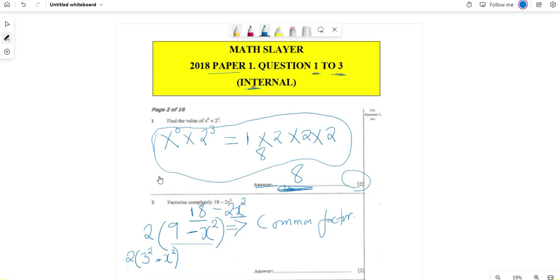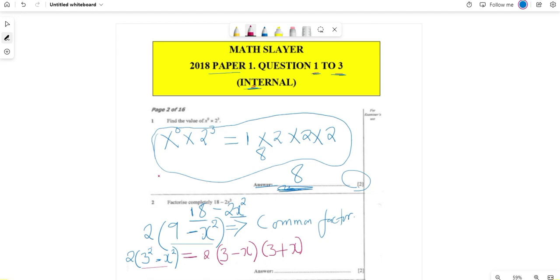Let me change my color to red. What is inside here is a difference of 2 squares. So we're going to have 2, then 3 minus x, then we open another bracket for 3 plus x, because it's a difference of 2 squares.